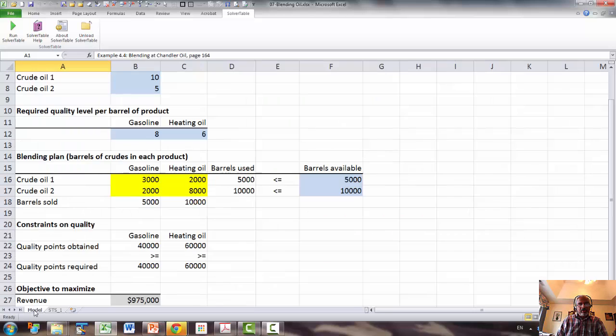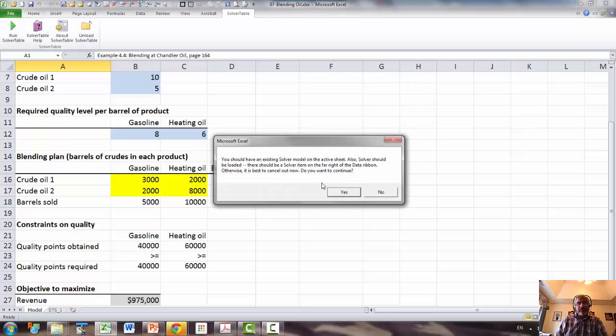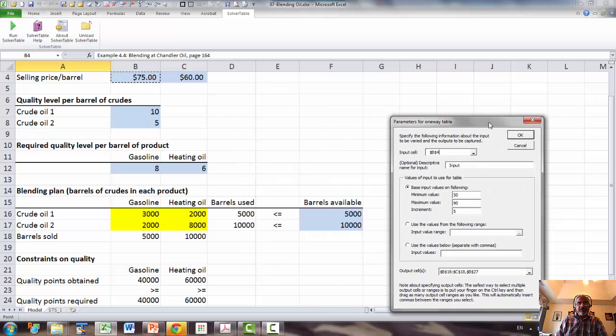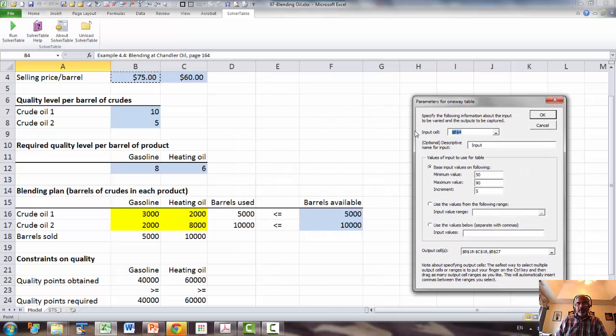Okay. Let's do one more sensitivity analysis, and that is for barrels available of crude 1. So barrels available for crude 1 is this. So run solver again. Now this time you change the input, okay, to that.